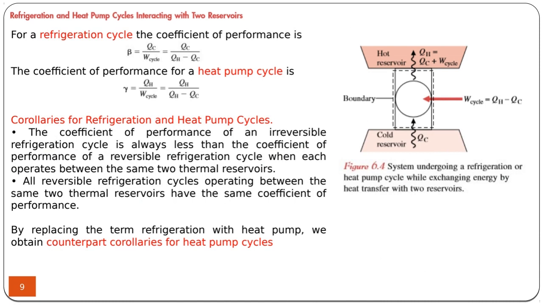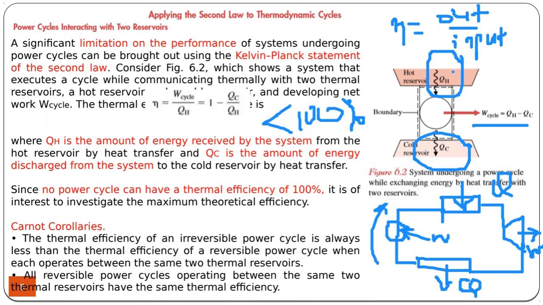For the case of refrigerators, the objective is to remove heat from a colder space and to transfer it to a warmer space. The objective of a heat engine is to obtain work by transferring heat from the hot reservoir to the cold reservoir. Meanwhile, work is obtained.